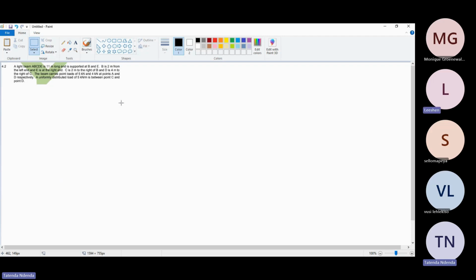So here we have a light beam ABCDE that is 11 meters long and is supported at B and E, right? So here I'm going to have my beam like this.